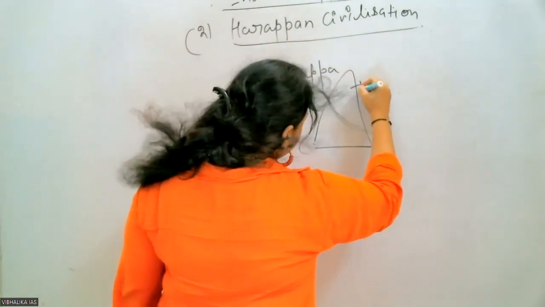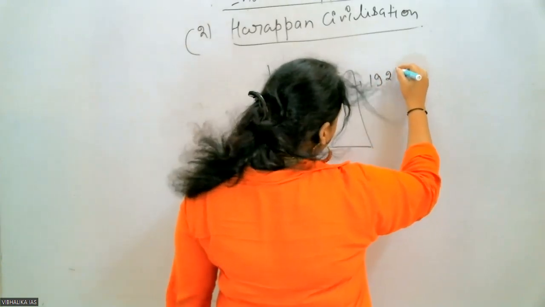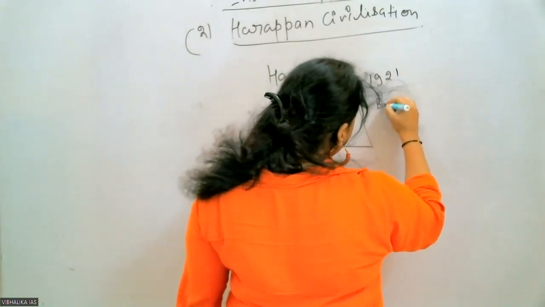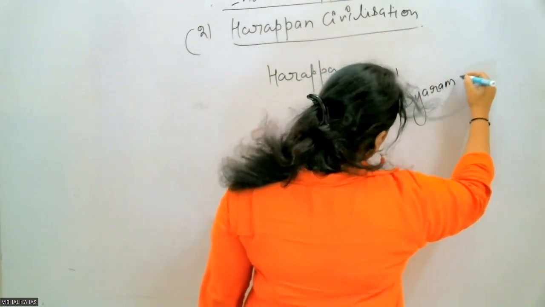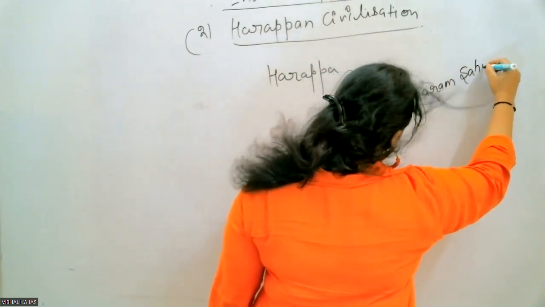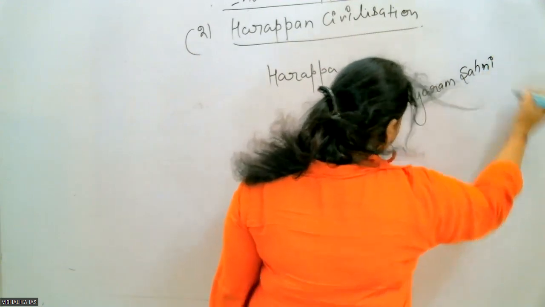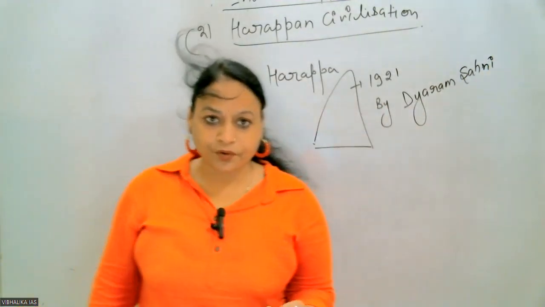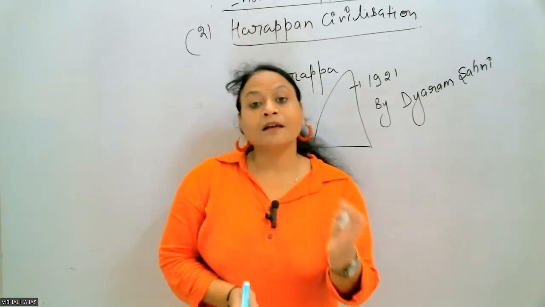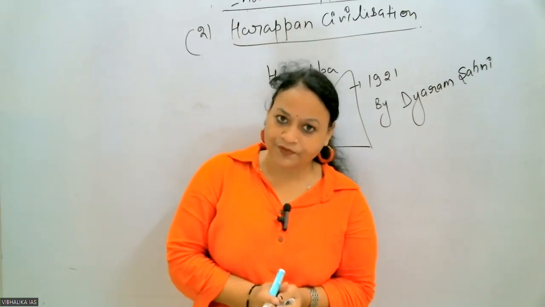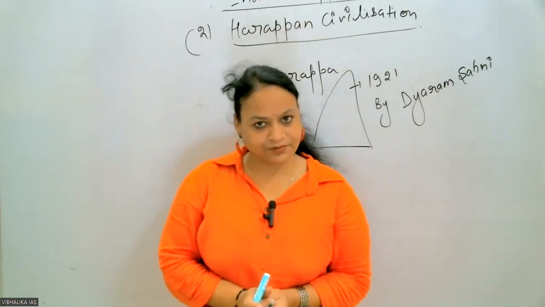Harappa was excavated in 1921 by Dayaram Sahni, right? So Harappa was the first excavated site. So historians gave the name Harappan civilization to this civilization, right?